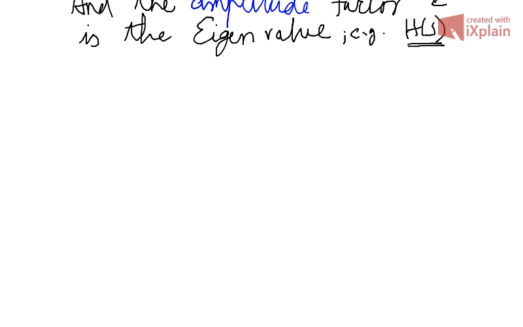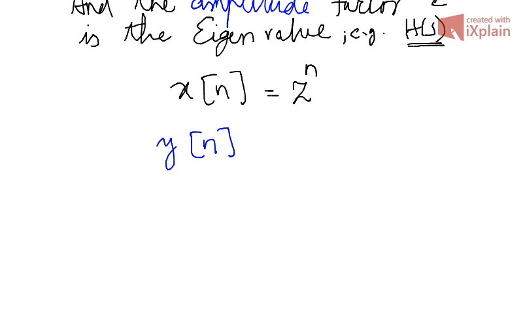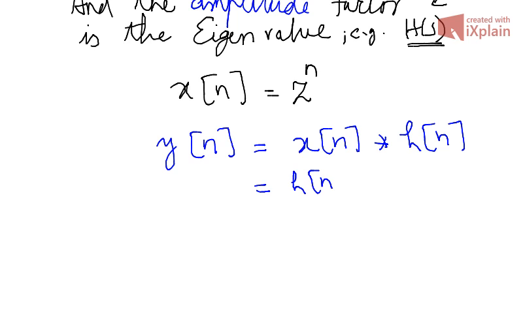If you have a discrete input, for example z raised to the power n, a discrete signal, then the corresponding output of a discrete time system is x of n convolved with h of n, or by the commutative property, h of n convolved with x of n.